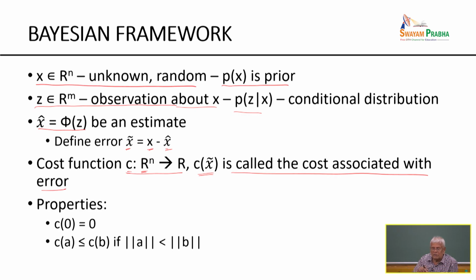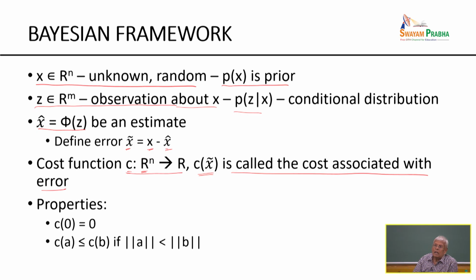In the case of maximum likelihood, I want to maximize the likelihood with respect to the parameter x, given the conditional distribution function. So in one case, it was the minimization of the cost in least squares. In maximum likelihood, it is maximizing the probability function with respect to the parameter given z.